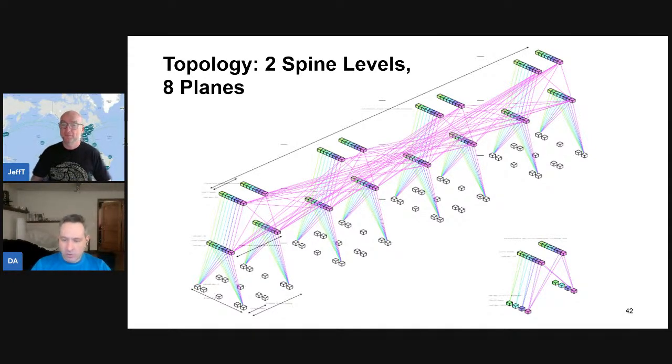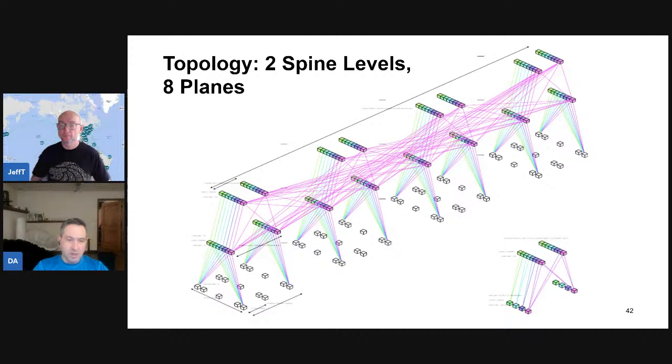So let's continue more or less from the same place we finished last time, but in no particular order. Just as a recap, these are the kinds of data center topologies we are building in our data centers, pretty much what all the other hyperscalers and companies with big infrastructure are building.